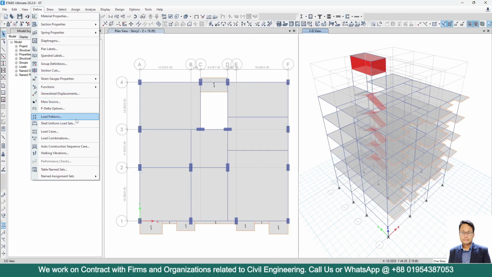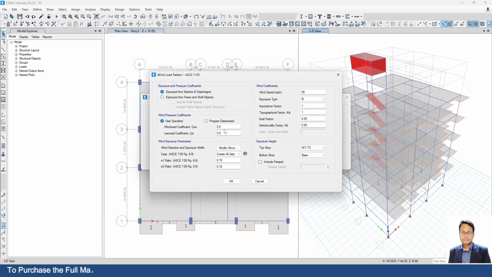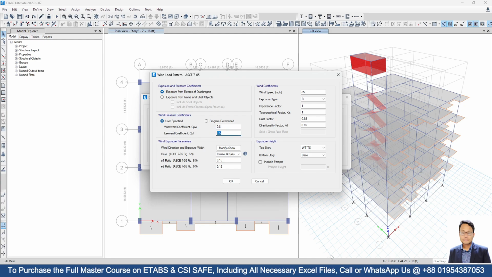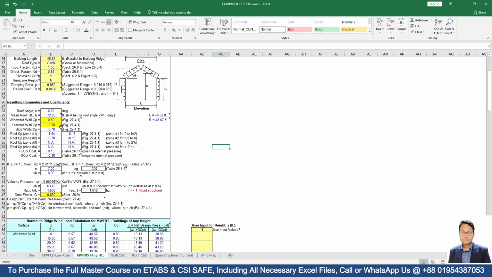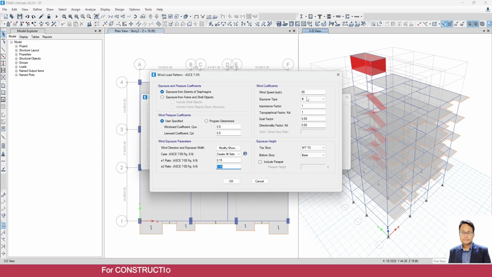Go to define, then load patterns, wind X, go to modify, user define. Windward coefficient value should be always 0.8, but leeward coefficient value which is 0.50. Okay. Then here I will select create all set eccentricity ratio. I will take 0.15 as I discussed earlier.